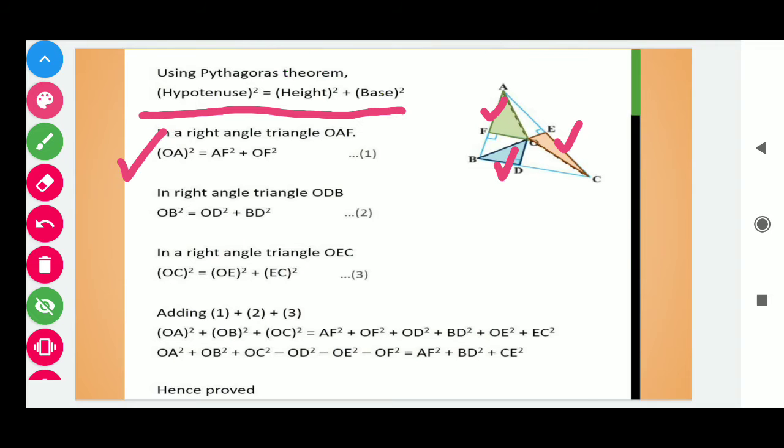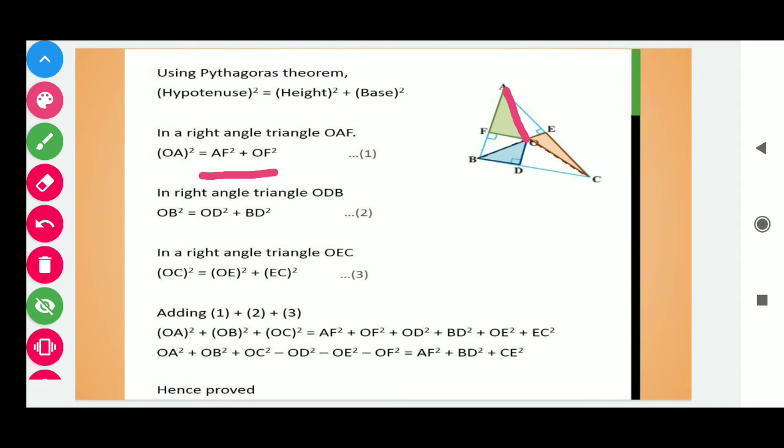In right triangle OAF, we are taking the green triangle. Here the hypotenuse is OA, and the perpendicular is AF plus OF square is the base. Students, you can take OF as perpendicular and AF as base. Any one can be the perpendicular and you can select any one as the base, but the hypotenuse is fixed.